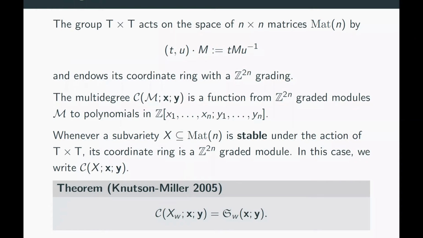And so it's the theorem of Knutson and Miller that the multi-degree of the matrix Schubert variety is actually the double Schubert polynomial. And so they identified this matrix Schubert variety. They showed that its multi-degree is the double Schubert polynomial.